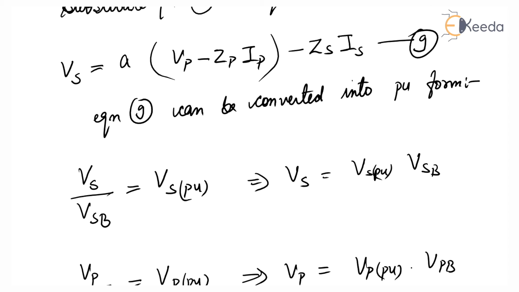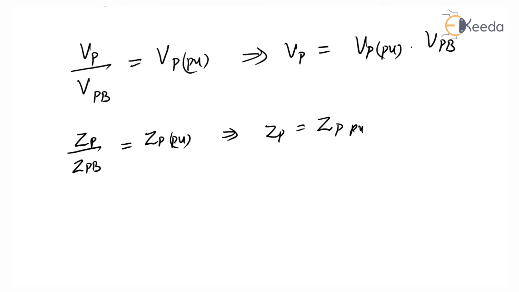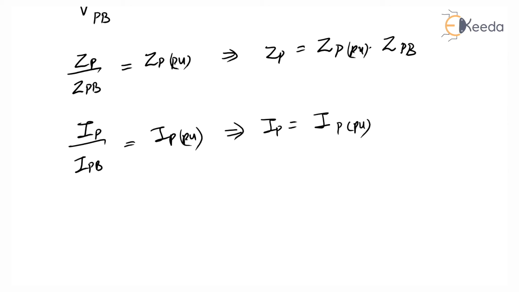Similarly for Zp, Ip, Zs and Is. Zp upon ZPB is equal to Zp per unit, so we can write Zp is equal to Zp per unit into ZPB. Similarly, Ip upon IPB is equal to Ip per unit, or Ip is equal to Ip per unit into IPB.